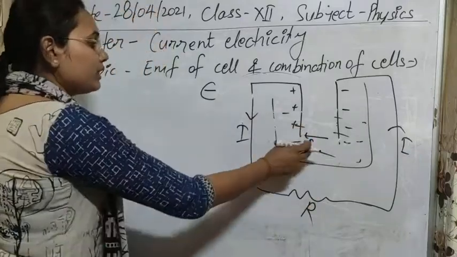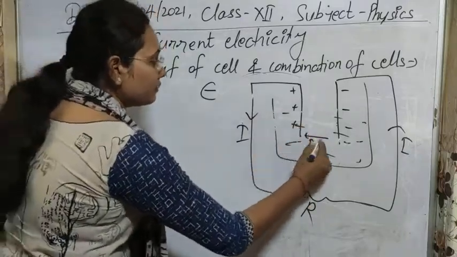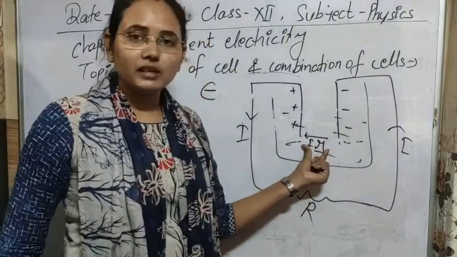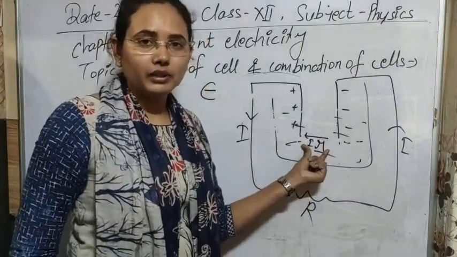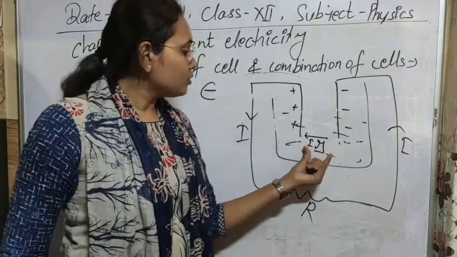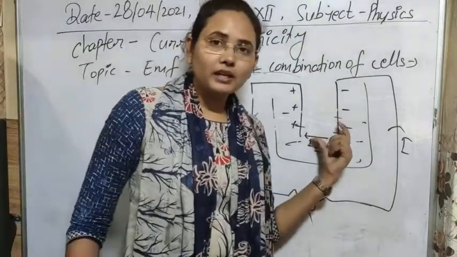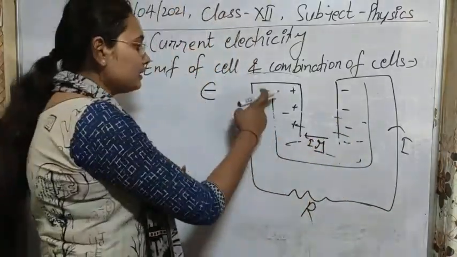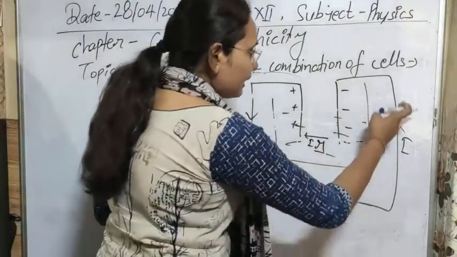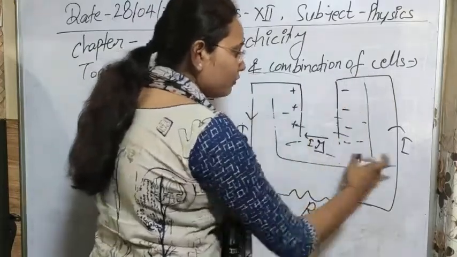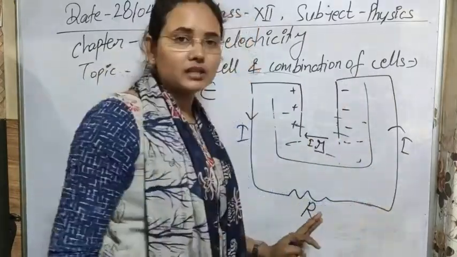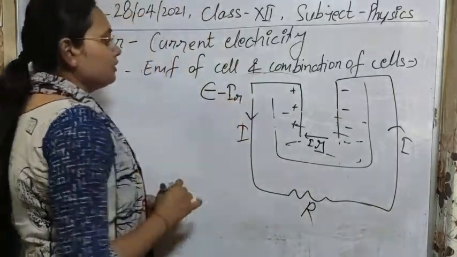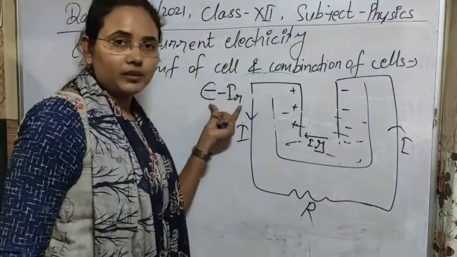So the voltage drop due to the presence of resistance r of the cell will be equal to Ir, with the help of Ohm's law. So Ir potential is dropped in the opposition of the cell. It means that the potential effective for the flow of this current I in the outer circuit is only epsilon minus Ir.